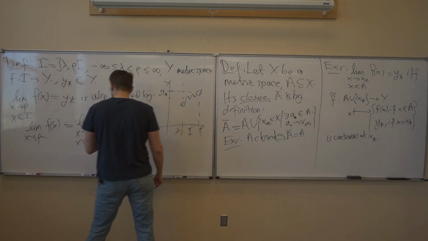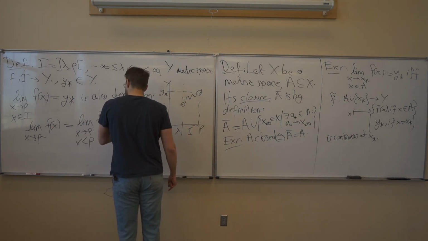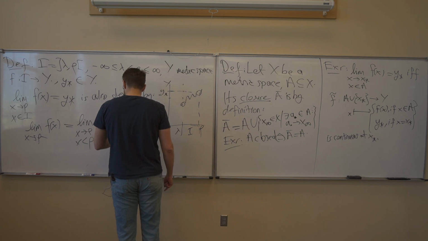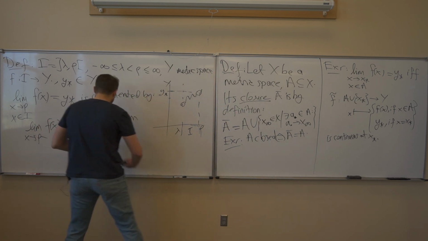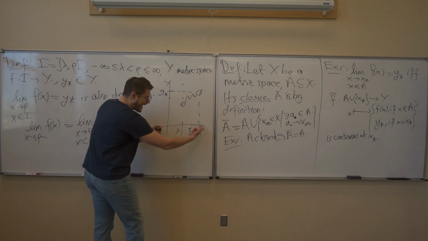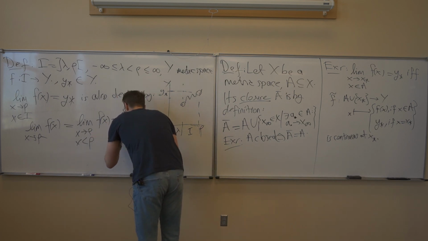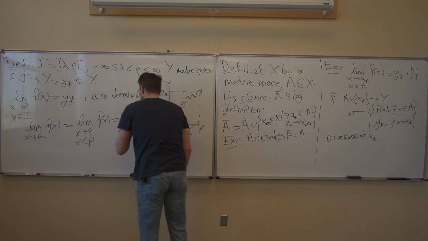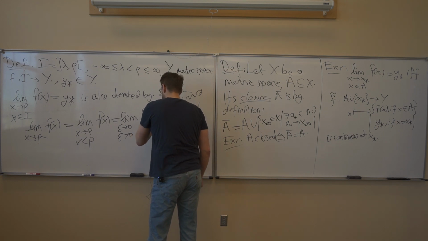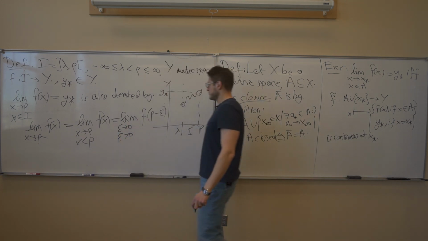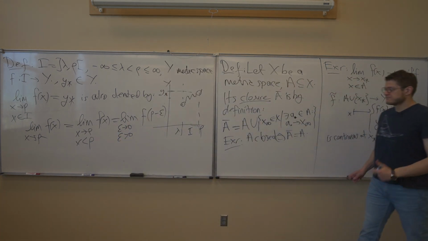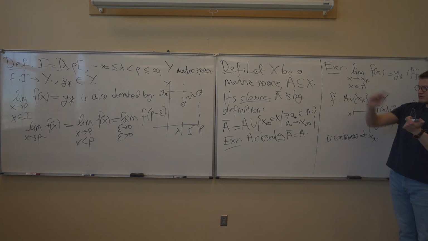F of x, and the notation is, yeah. What I really like is to use the additive structure here and really say, as epsilon goes to 0, epsilon positive, and f of rho minus epsilon. Okay? These are all the same idea.